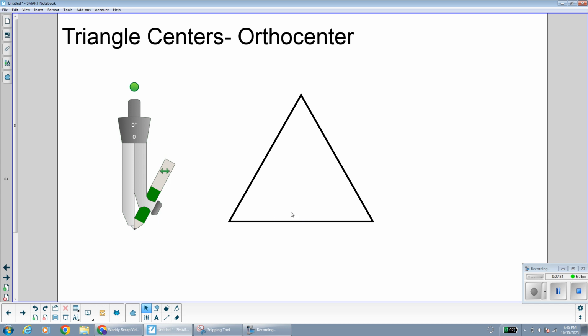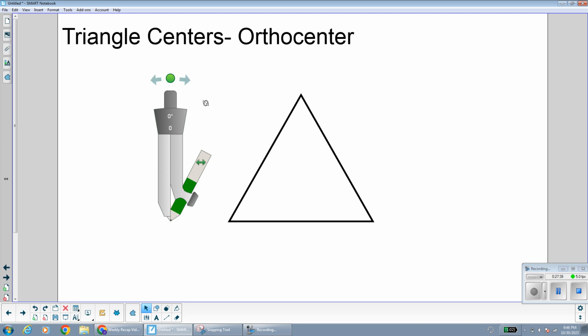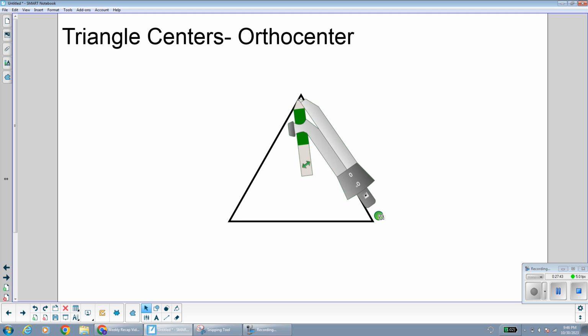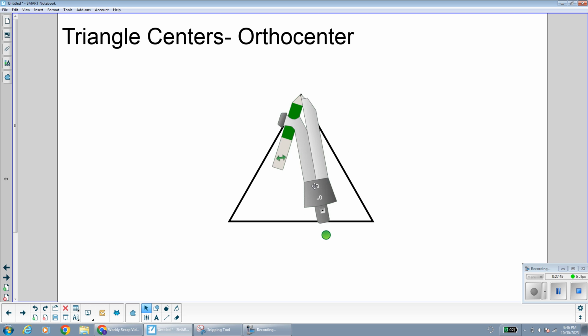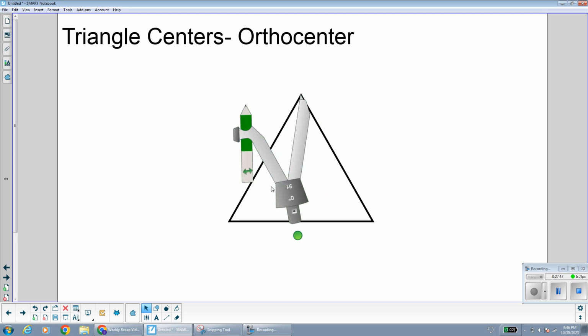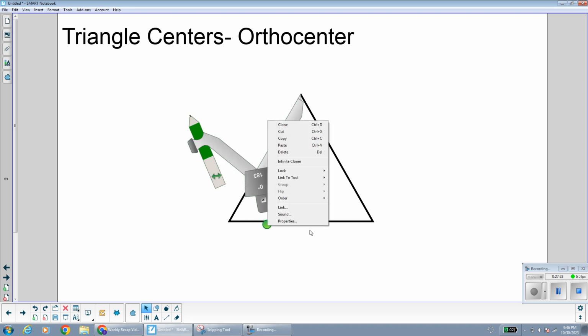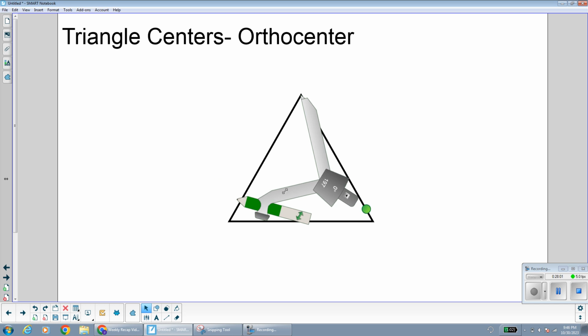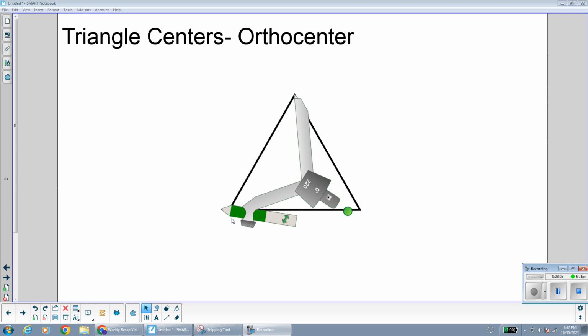From the side, this vertex is opposite. So I'm going to start off by putting my compass on the point that I want my perpendicular line to pass through. And then I'm going to swing an arc.